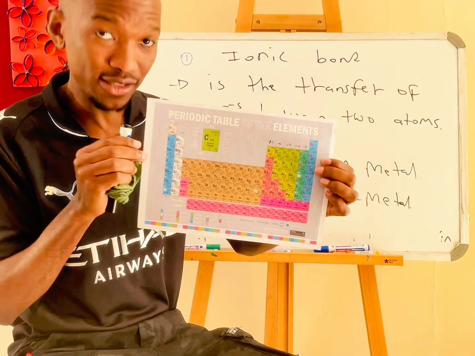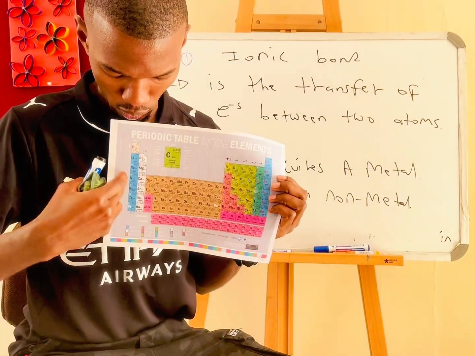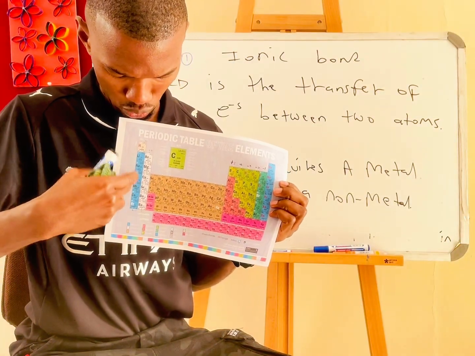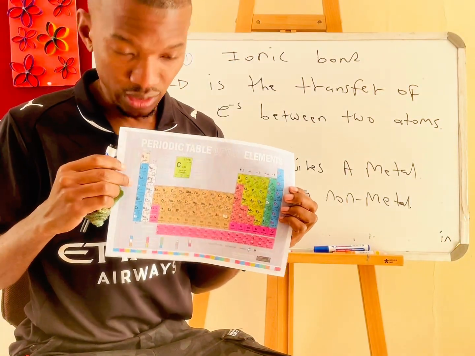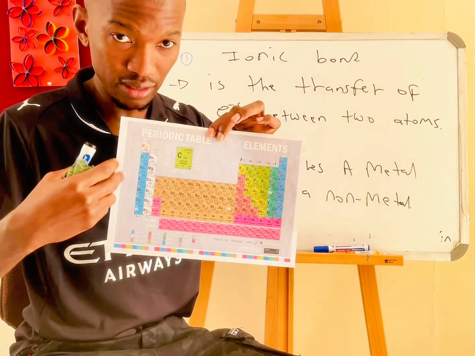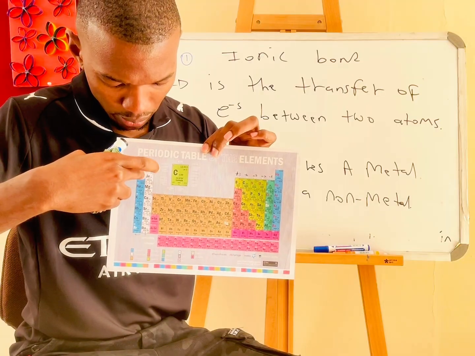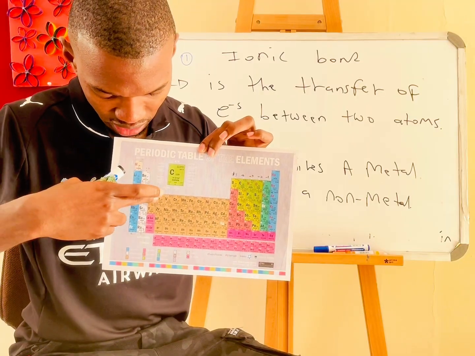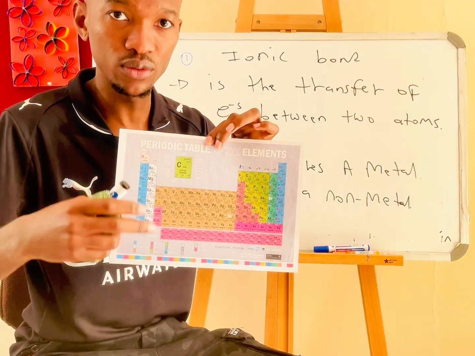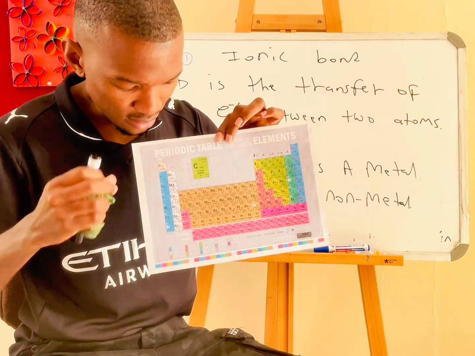Right, guys, on this periodic table, as you can see, this group one, the one with the blue color, we call it the alkali metals. And then group 2, which is beryllium, magnesium, calcium, strontium, barium, is the group of alkaline earth metals.